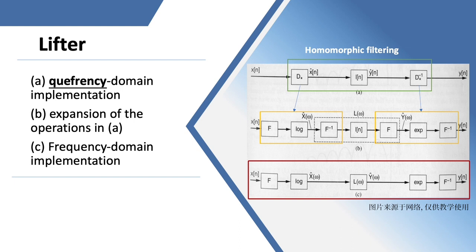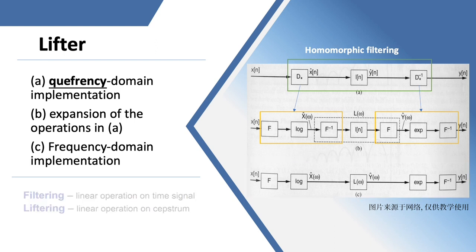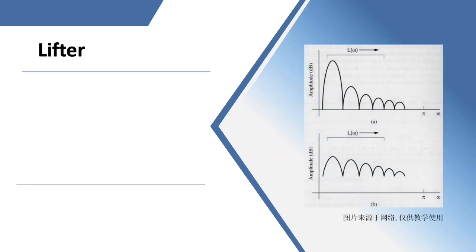Here, we introduce a new concept, the lifter, L(omega). Filtering means linear operation on the time signal, while liftering means linear operation on the spectrum. Homomorphic filtering can be viewed as the smoothing of the logarithm of the signal spectrum.